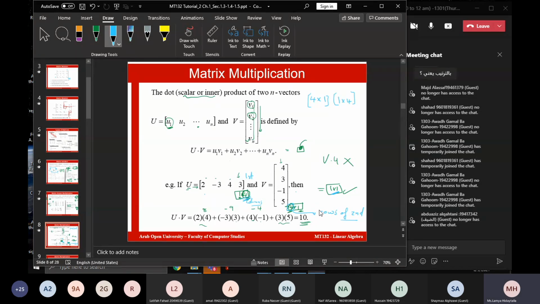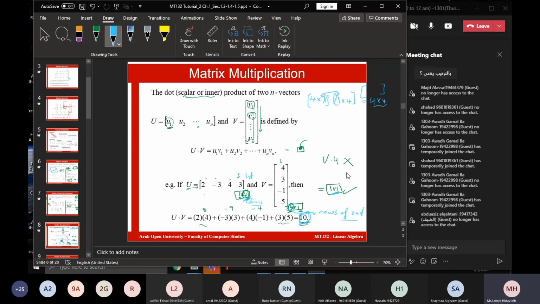No, I'm not going to get one element. It won't be a scalar, just one value. Why? Because this is the same as this, as we said. So what is the resultant? The resultant is 4 times 4. So you will get a matrix with 4 rows and 4 columns.